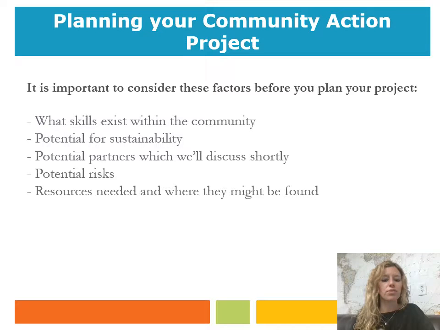Of course, you want to think about the resources that are needed and where they might be found. So let's take that solar light example again. Let's say that's what you want your project to be about, but you have not identified the resources to actually make this happen. What if right now there is no solar energy in your community? What if there are no solar lights? And what if your organization is only starting to explore solar lights?